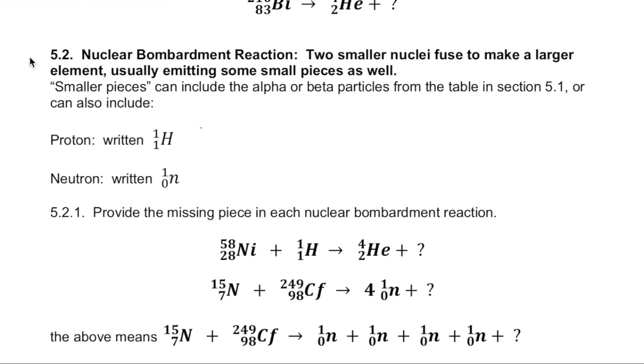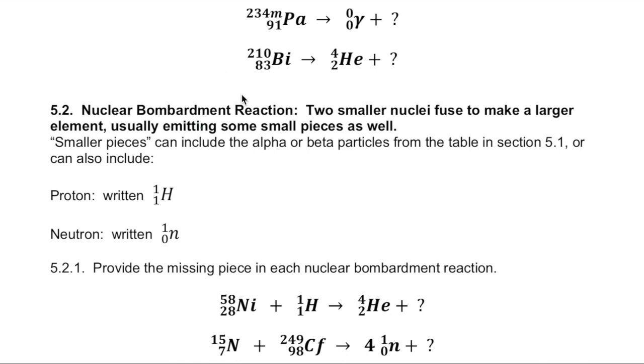This nuclear bombardment is something that scientists can do to force nuclei of different atoms to either fuse together and become something bigger or split apart. So this is something where instead of having just one thing on the left side of the arrow, like we did before, where one nucleus becomes two things, it's breaking apart all by itself.